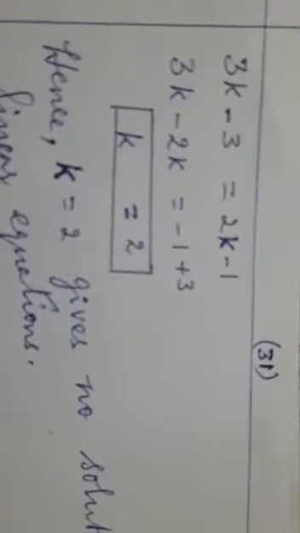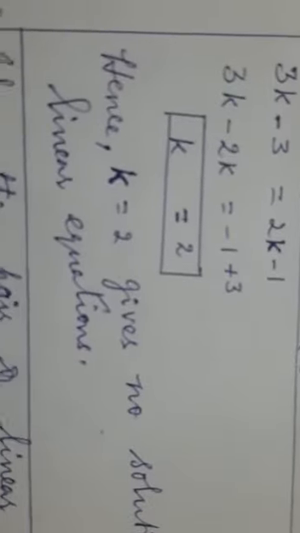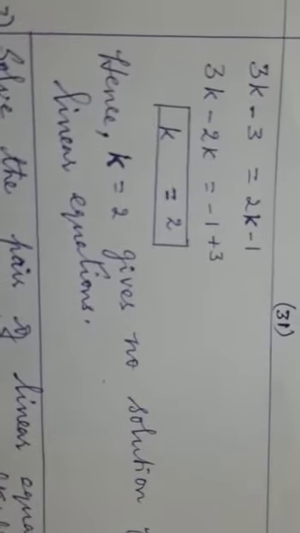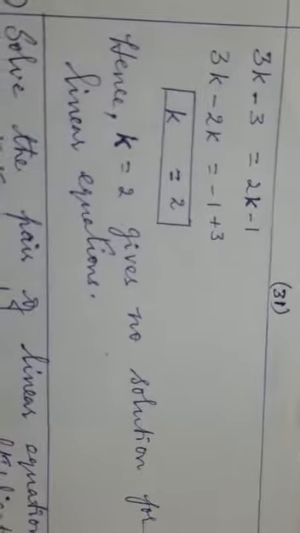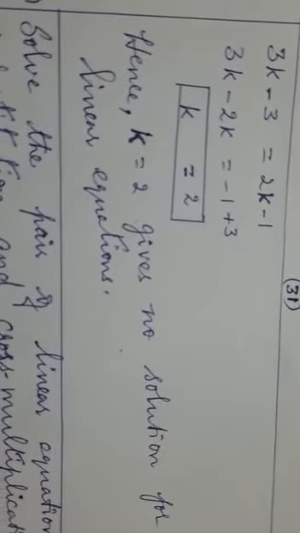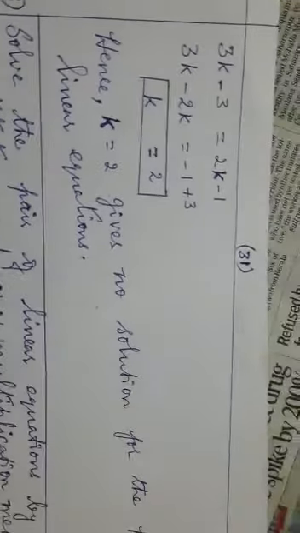Now 3k minus 3 is equal to 2k minus 1. 3k minus 2k is equal to minus 1 plus 3. K is equal to 2. Hence, k is equal to 2 gives no solution for the linear equation.